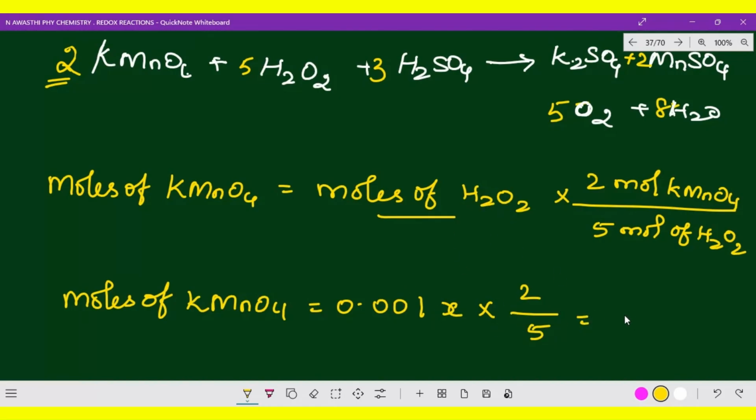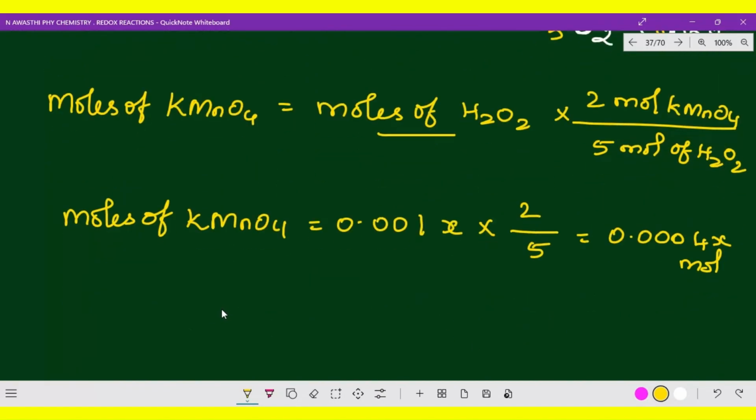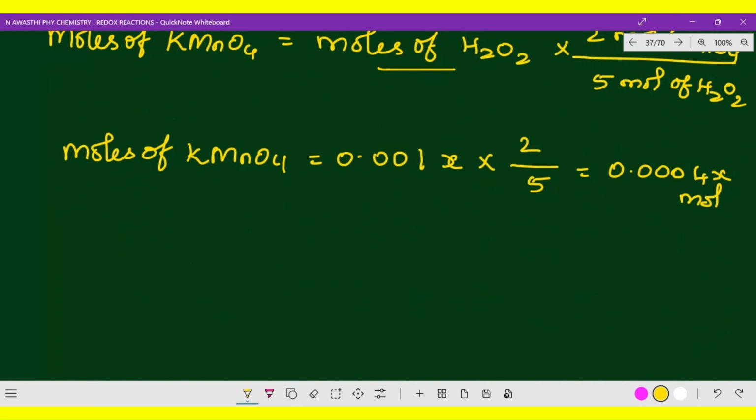While calculating, we get 0.0004 x mole. I hope you got that idea. Writing the balanced equation, the stoichiometric coefficients of KMnO4 and H2O2 give us the moles of KMnO4. Now the next point: volume of KMnO4.